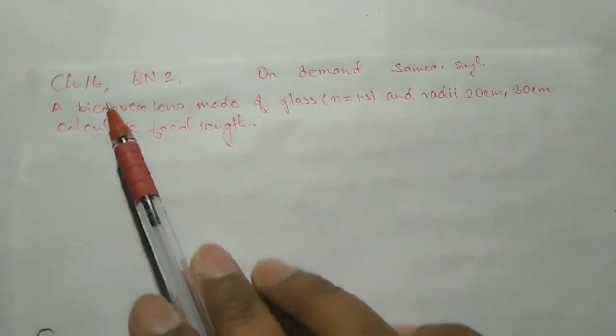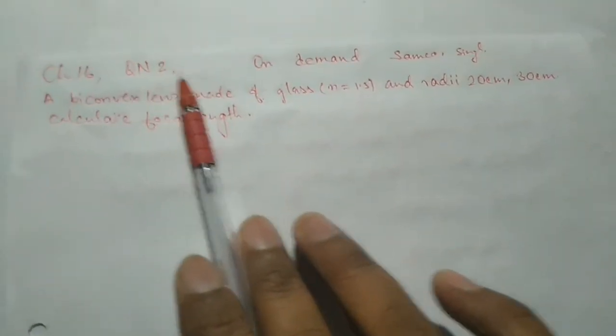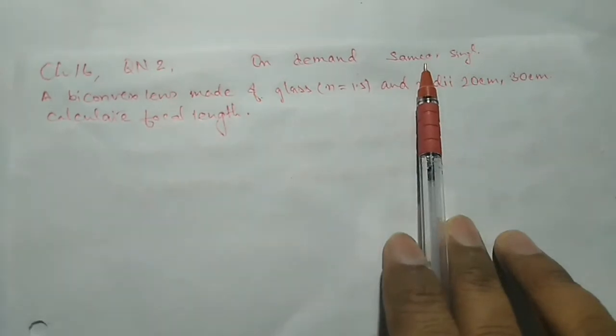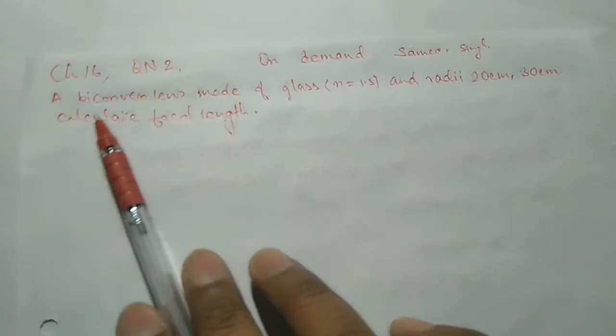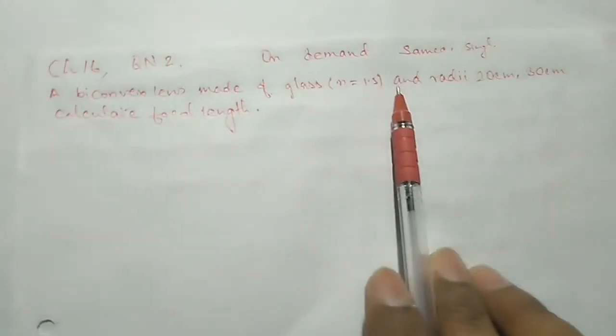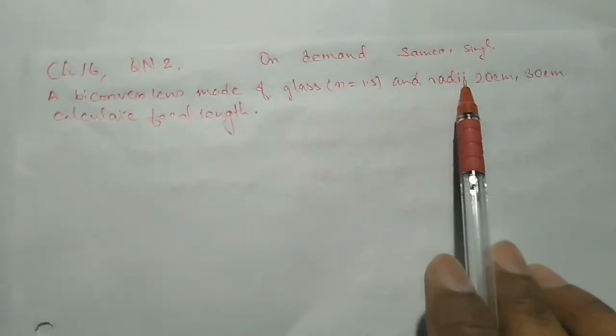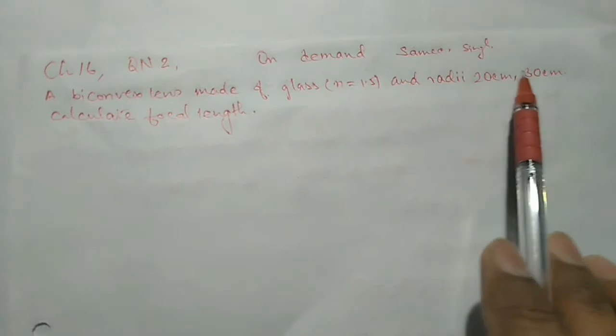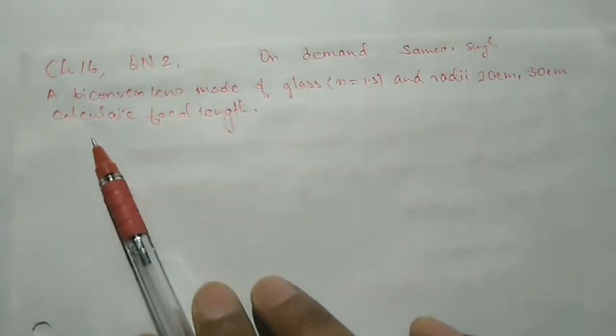Let's see. In the numerical section, chapter 16, question number 2, on demand of Samir Singh. A biconvex lens made of glass whose refractive index is given, and both radii of curvature are respectively 20 cm and 30 cm. Calculate its focal length. So let's first write the given values.